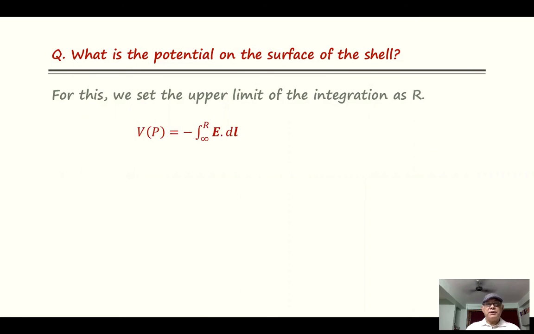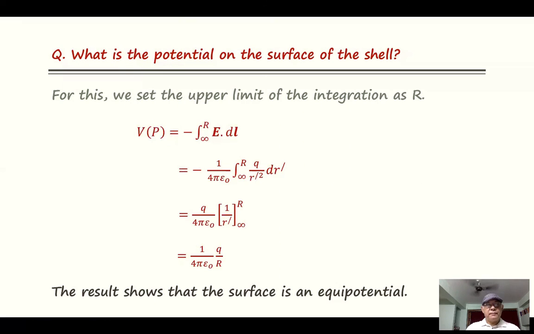Next, substituting for E and dl, carrying out the integration and then inserting the limits, we finally get V at P as 1 by 4 pi epsilon naught Q by capital R. The result shows that the surface is an equipotential.